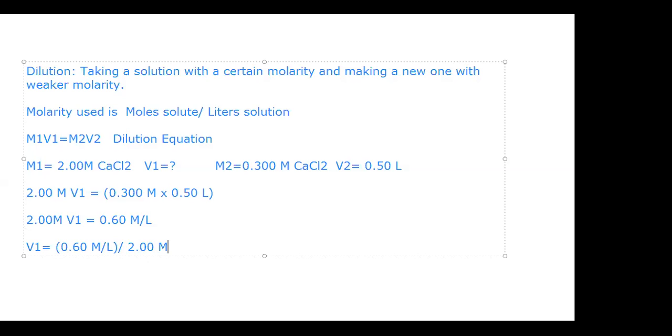That will equal 0.075 liters, which is V1. You can also just put that as 75 milliliters, because 0.075 liters looks a little goofy.